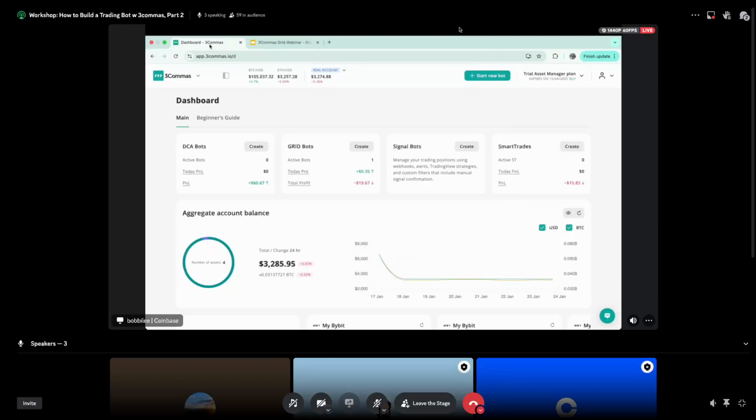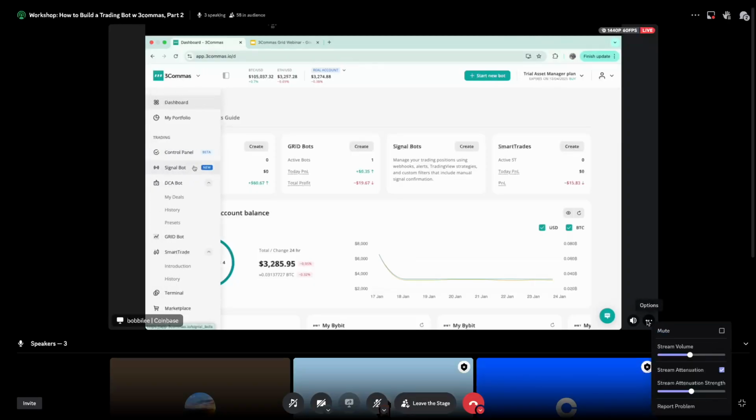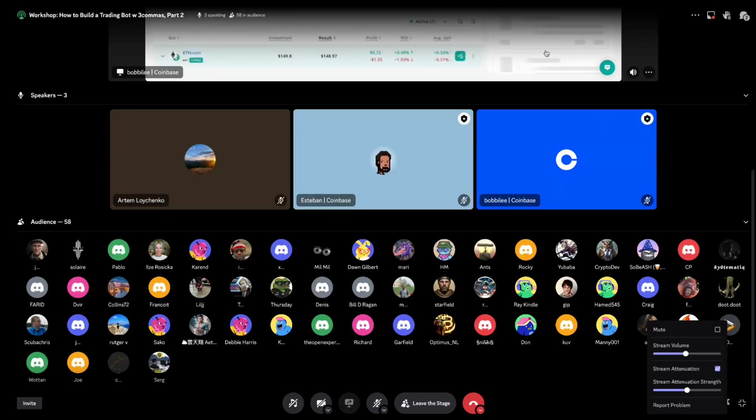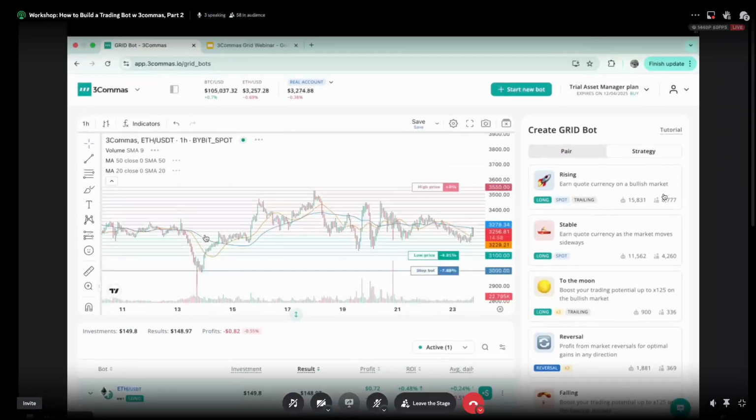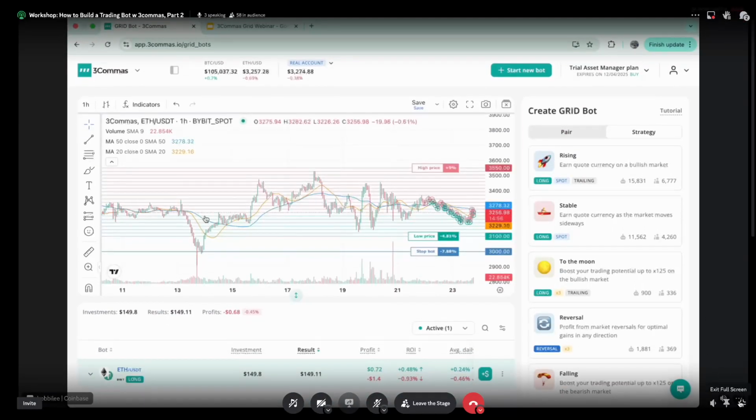So this is our classic interface, and I'll go to the gridboard section. And in the gridboard section, I actually have my own gridboard, which I set up just I think a day ago, just for testing purposes and to show you guys how it works.